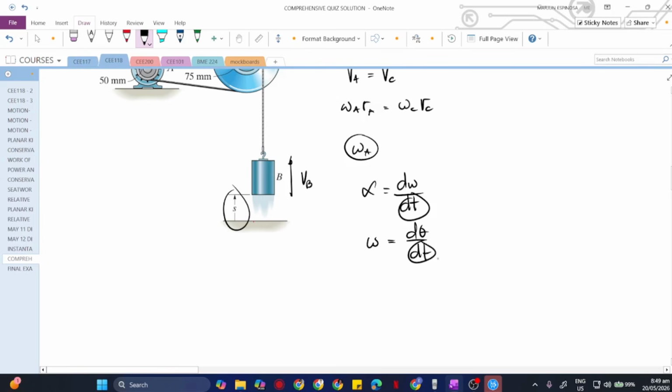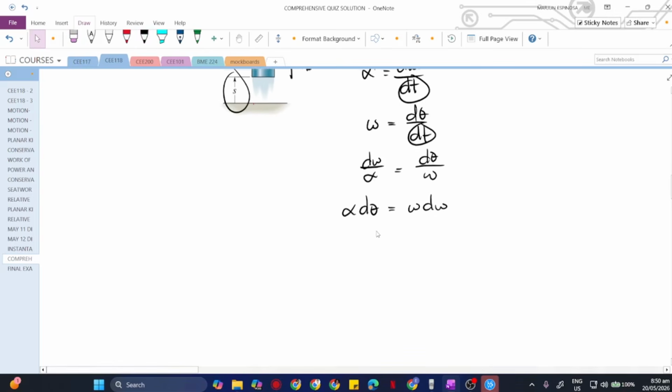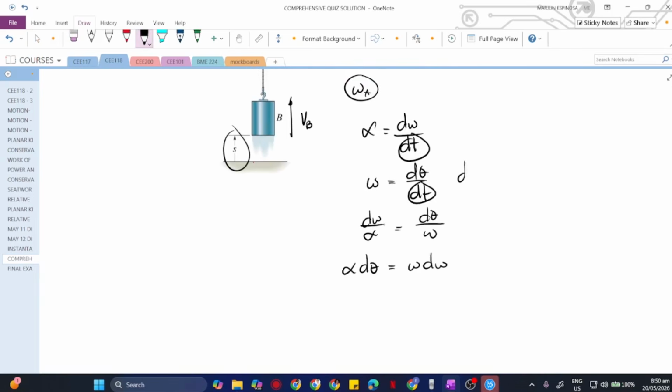So, equating, angular acceleration is d omega over dt and angular velocity is d theta over dt. Therefore, angular acceleration times d theta is equivalent to omega d omega. Yan yung ating relationship na nakuha natin, because we equate dt equivalent to dt in here.